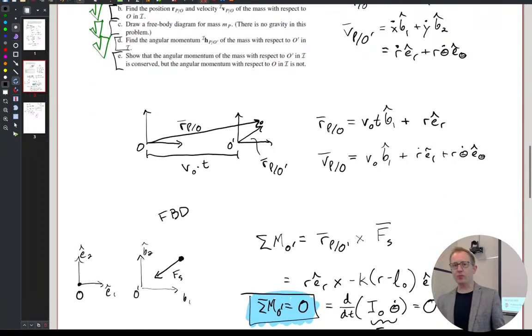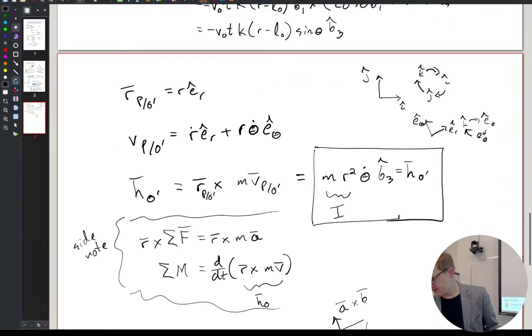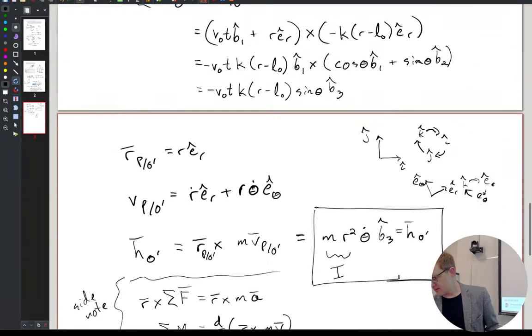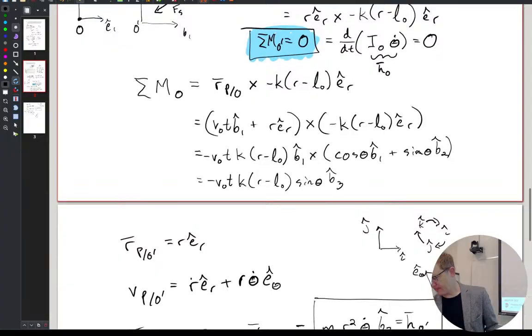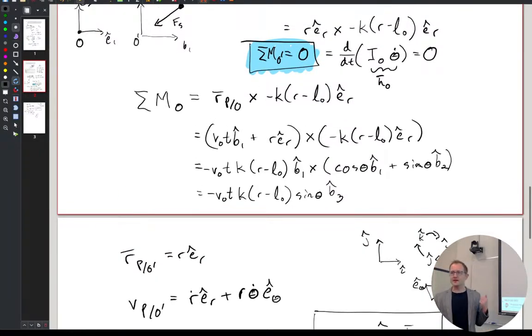So the last step, we did all the hard work. We already figured out what the sum of the moments are in each frame. When is angular momentum constant?